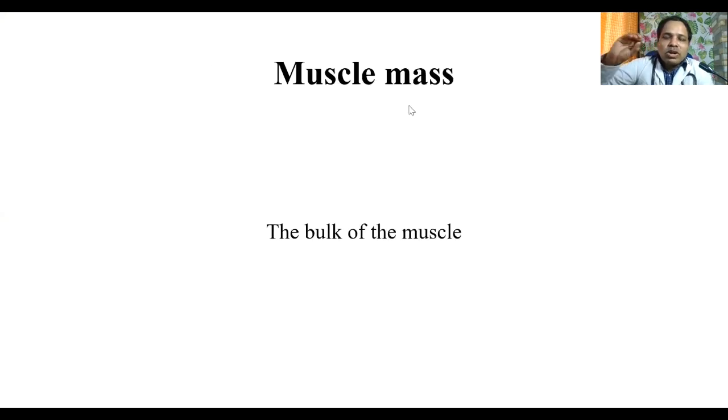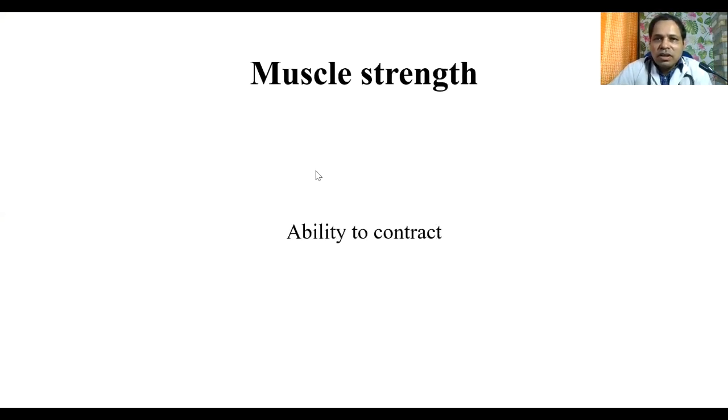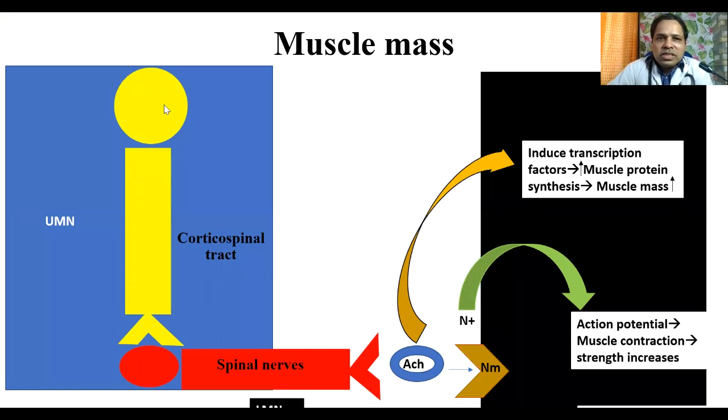Now, before we see what happens in the lesion, we'll see what is happening normally in the muscles. If I talk in terms of muscle mass, the thickness, the bulk of muscle, what's happening with these two neurons? If I talk in terms of muscle strength, that is the ability to contract, what happens when these two neurons function? Now, this is a diagrammatic representation of what I'm showing here.